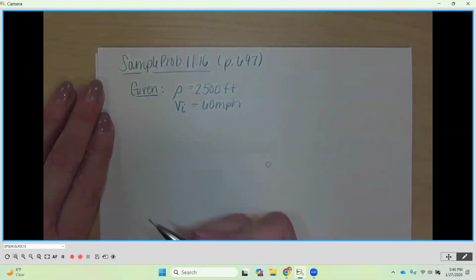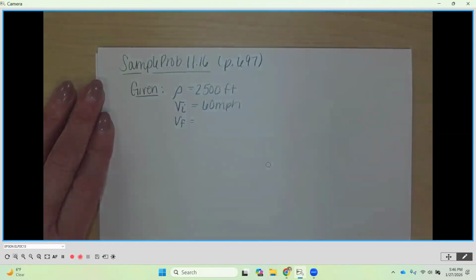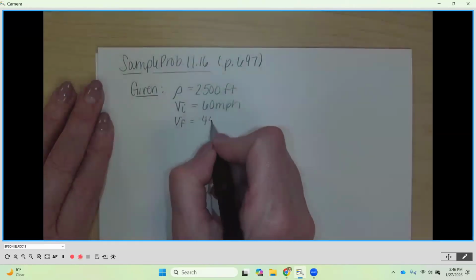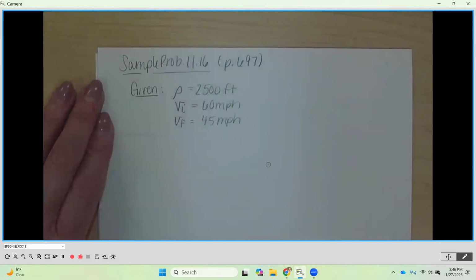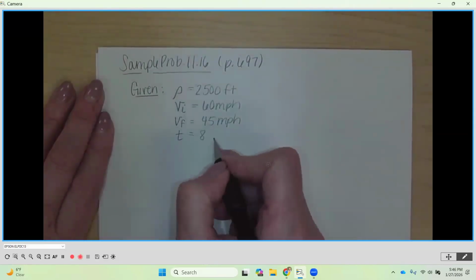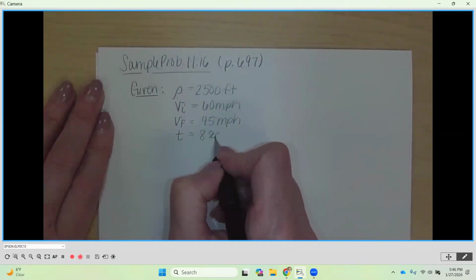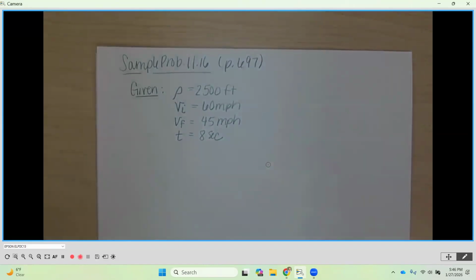And then the finish velocity is going to be 45 miles per hour because it's slowing down as it goes around that curve. Something we probably all have done, right? We go into a curve, and it's like, oop, I'm going a little fast, put the brakes on, and we have to slow down a little bit. And the time to slow down from 60 to 45 is going to be 8 seconds. So that was given to us in our problem.